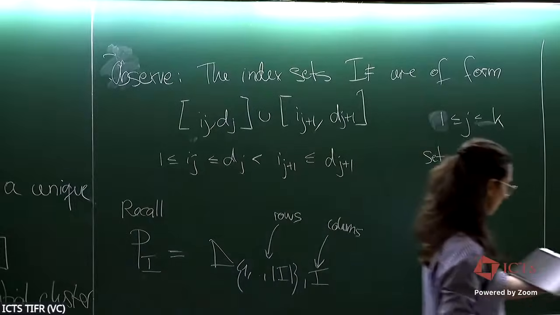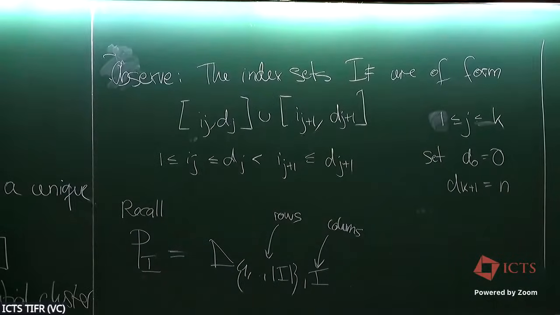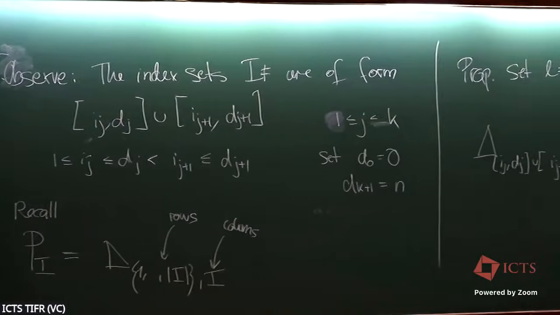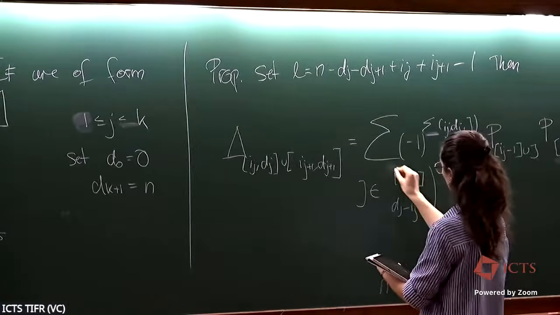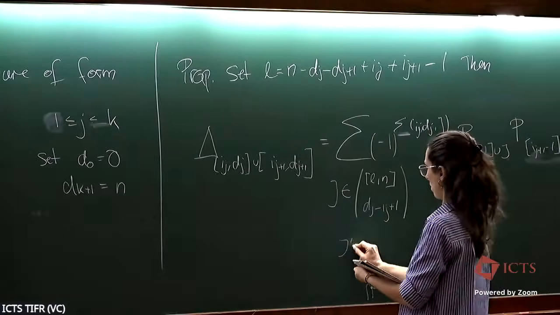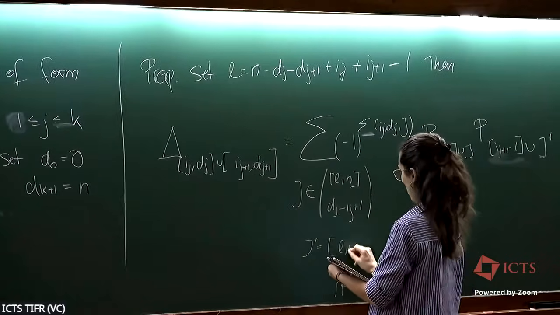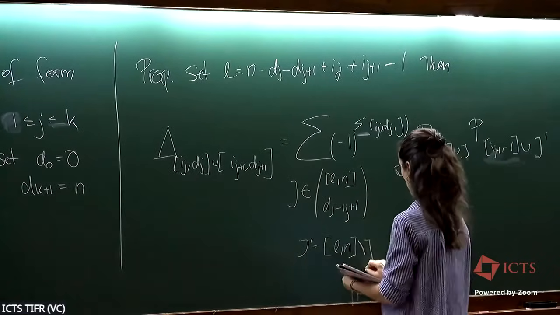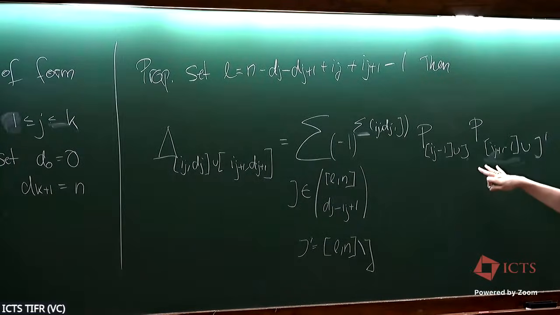So what this does, and maybe let me write what is J. Let me complete the sum. So what is this formula actually?